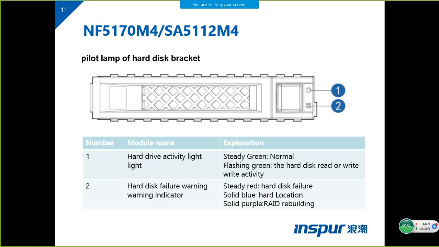The second indicator is the hard drive failure warning. If it is steady red, it means this hard drive failed. Solid blue means hard drive location. Solid purple means RAID rebuilding. Usually when the RAID is rebuilding, there is an alarm, but it also depends on the RAID card type.